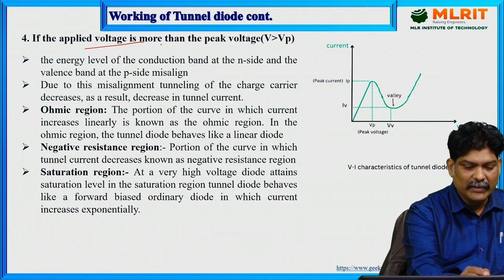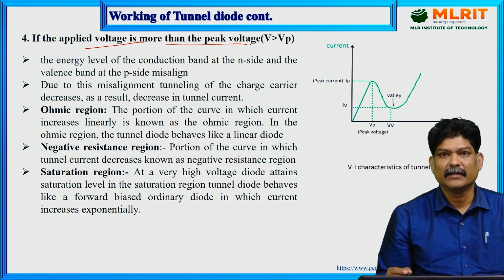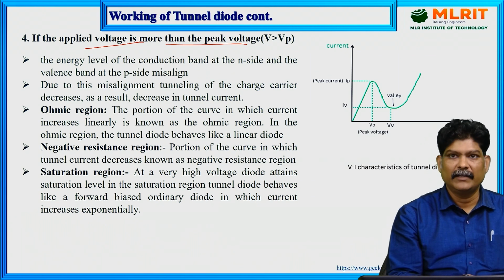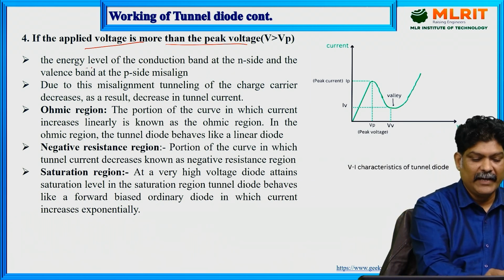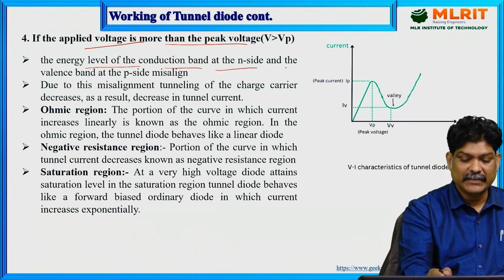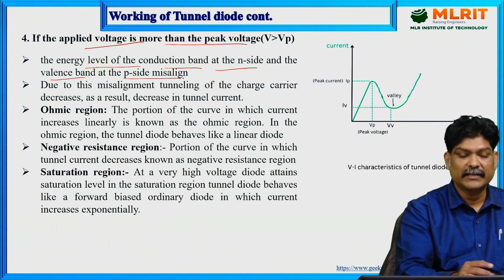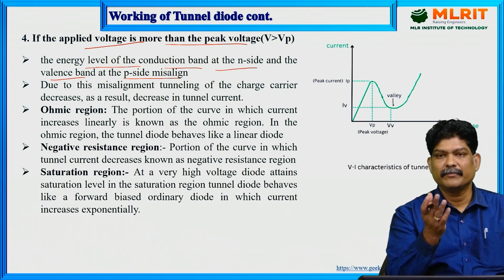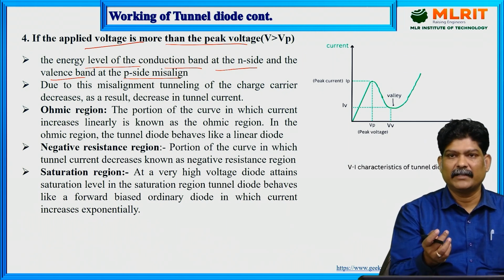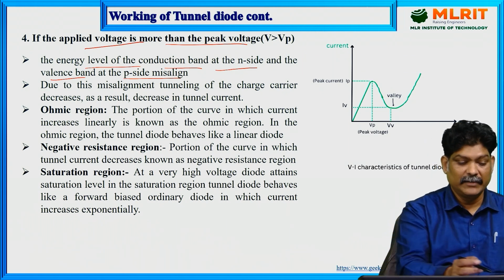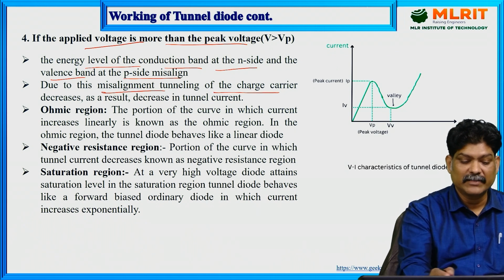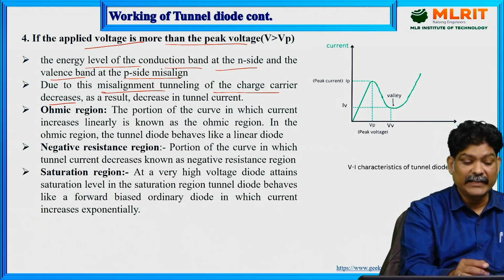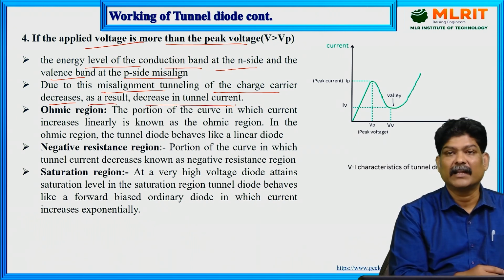If the applied voltage is greater than the peak voltage, what happens? The energy level of the conduction band at the N side and the valency band of the P side misalign. Due to this misalignment, tunneling of the charge carriers decreases, and as a result the tunnel current decreases.